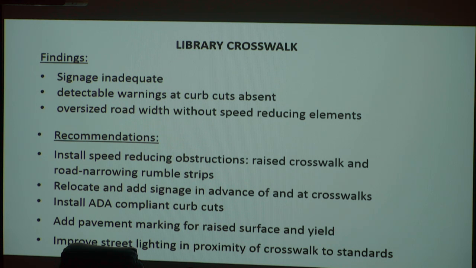And then the second recommendation is to get the signs right, which seems to be a good idea. And then, of course, make the curb cuts ADA compliant. And then add pavement marking. We should have a yield sign anyway, painted right on the road as you're approaching a crosswalk. But in this instance, because you're raising the crosswalk, to also notify drivers that you're going to hit a raised crosswalk.